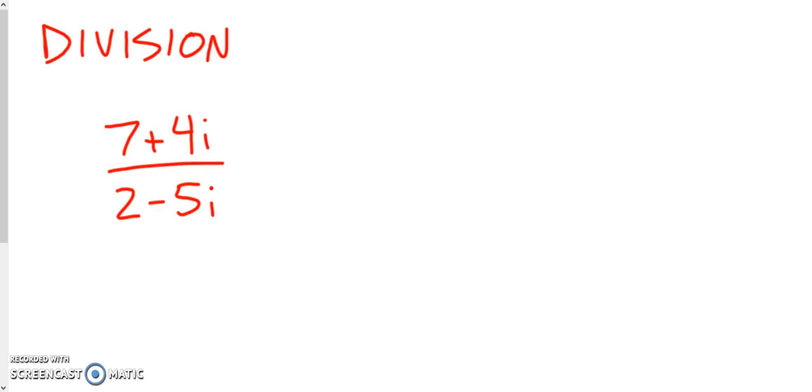You can't do that because of the pluses and the minuses. Don't ever do that. But I do know how to divide by a real number, because I can divide each piece by just that real number.